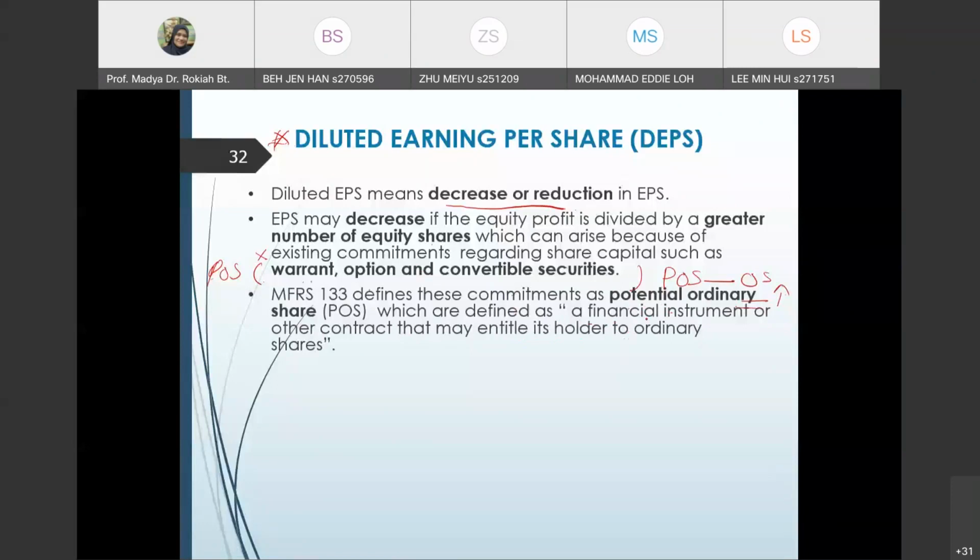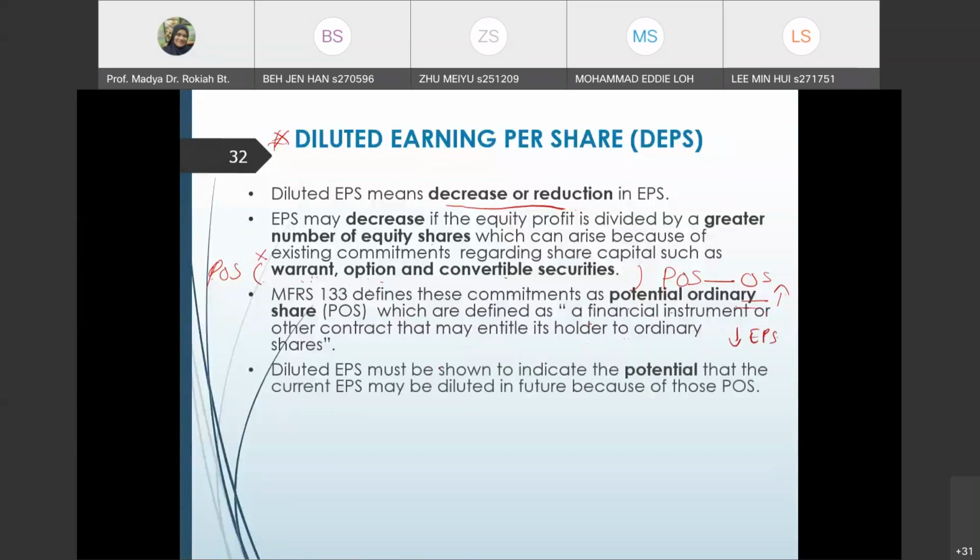So the holders of these commitments, the warrants and options, which I'm going to explain later, along with convertible securities, may convert their POS into ordinary shares. Once they convert, the number of shares increases, and your EPS is going to reduce.